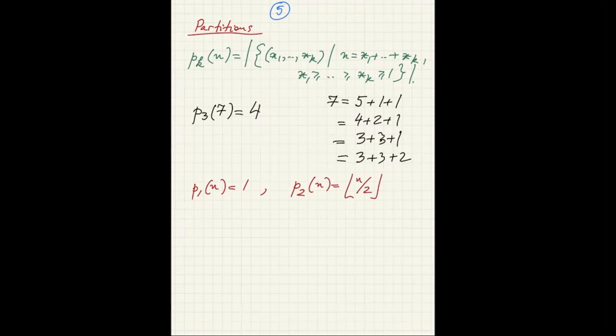Now, in general, for pkn, for fixed k and n going to infinity, one can actually figure out the asymptotics of these values. So if k is fixed, pkn behaves something like n to the power k minus 1 divided by k factorial times k minus 1 factorial.